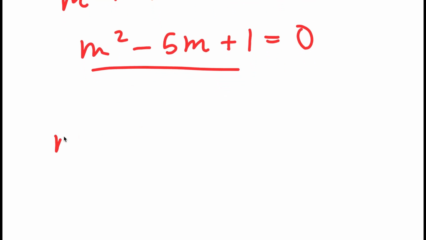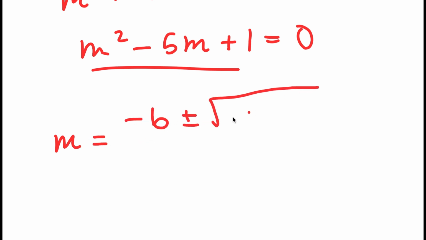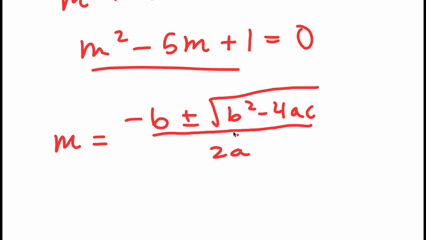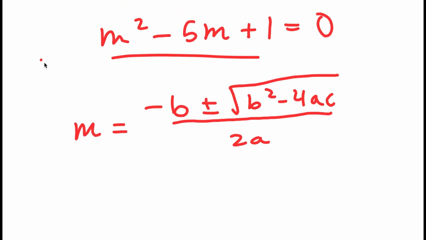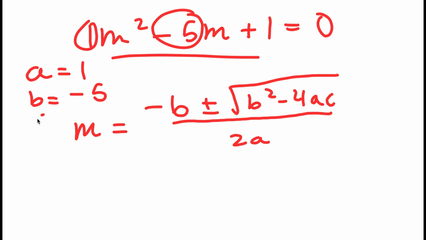And to solve this, I'm going to use the quadratic formula, which is negative b plus or minus the square root of b squared minus 4ac all over 2a. So in this case, a is equal to 1, b is equal to negative 5, and c is equal to 1.